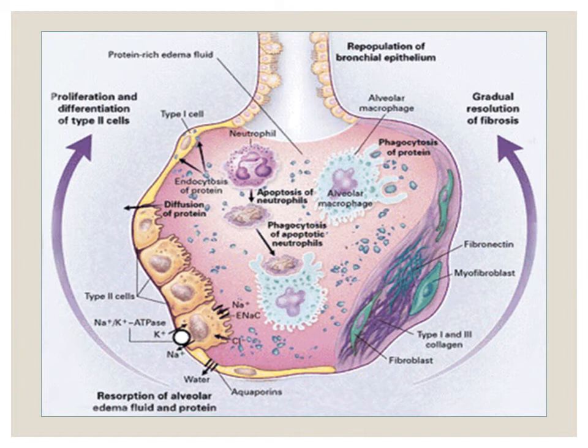So this is again the fibrosis stage of acute respiratory distress syndrome. As you can very well appreciate, the alveolar macrophages undergo phagocytosis and apoptosis of the neutrophils and the proteins and the cellular debris, and these may lead to deposition of type 1 and type 3 collagen, fibroblasts and fibronectin, leading to the fibrosis of the alveoli.